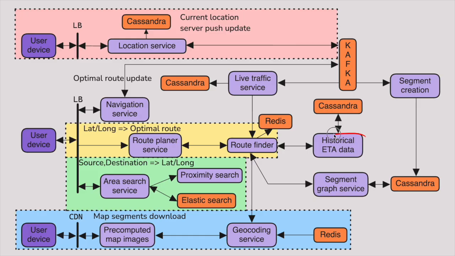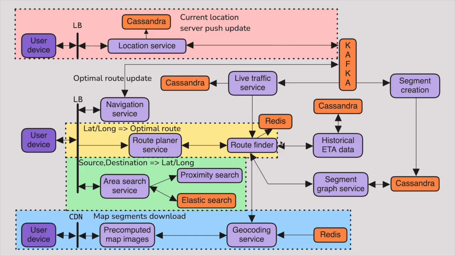Since it's a historical database, likely every single time that the route finder computes the most optimal path and returns it to the user, we would also store this route with a timestamp, because we want to know what is the average ETA from point A to point B at this specific time. So as we compute a route for a user right now, we know the historical ETA and we can say whether it's slow or fast or average. So this way, the database would have source, destination, timestamp, and then a list of routes.